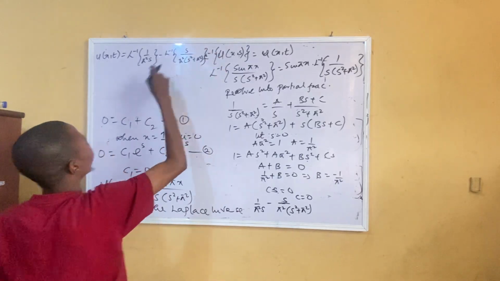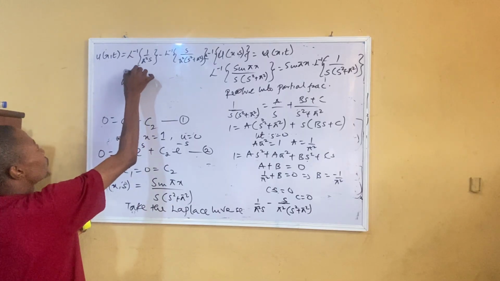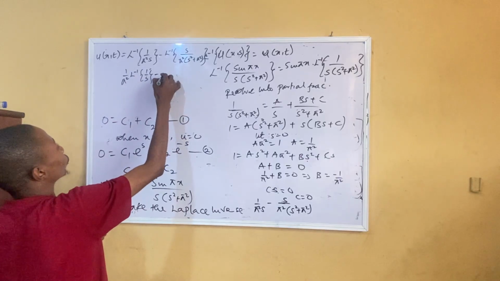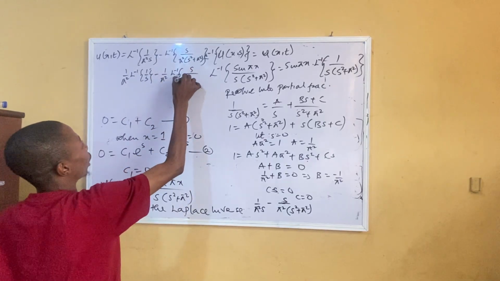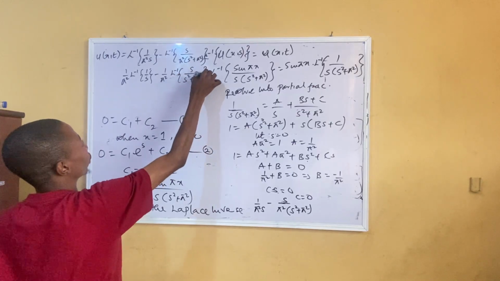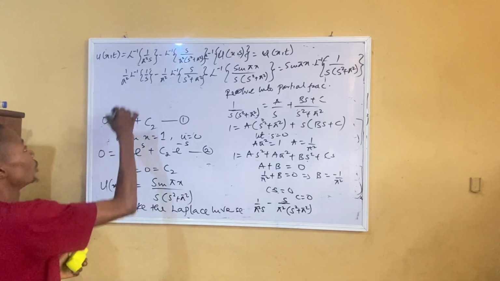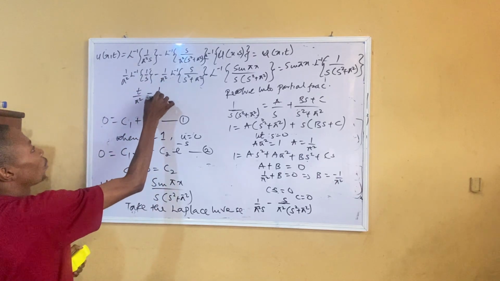All right, 1 over pi squared will go out as a constant. Laplace inverse of 1 over s over pi squared will also go out. So what is the Laplace inverse of 1 over s? That's t. So this will be t over pi squared, minus 1 over pi squared.